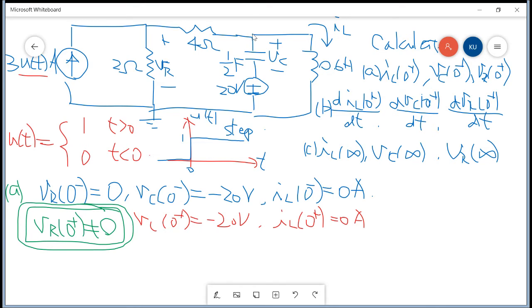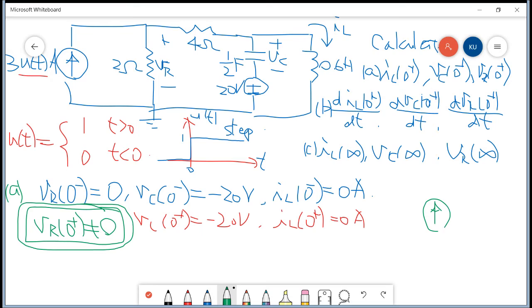So we know that the voltage here should be 0 volt, which means that it will look like this. This is 3 for t larger than 0, so it is like so for t equals 0 plus.